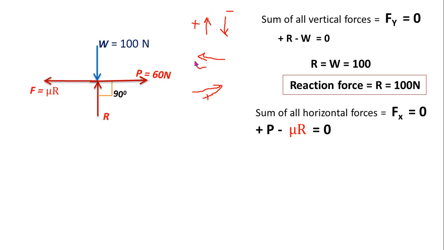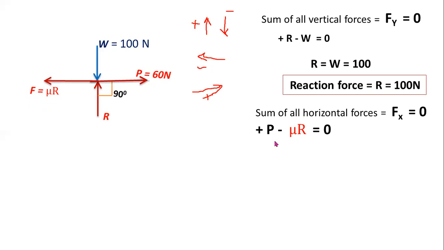For left side direction, you have to consider minus sign. So this value is positive, plus P minus mu R. Okay. F equal to mu R. F is the frictional force. This frictional force is equal to the product of coefficient of friction and normal reaction. Okay. So this value is minus mu R equal to 0.